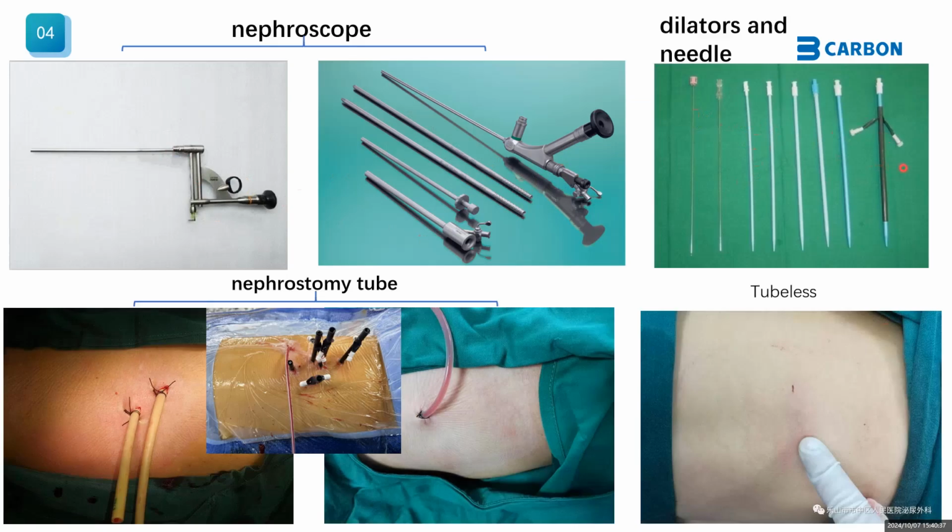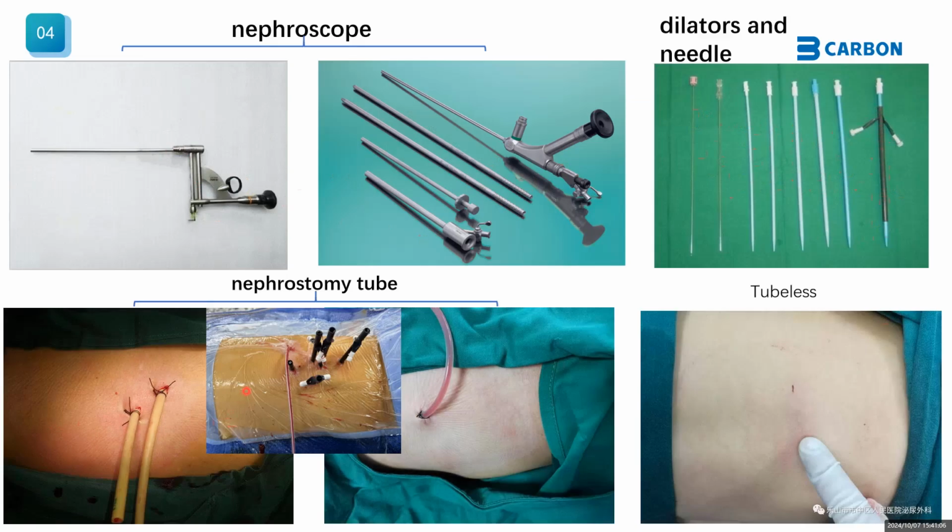Then some doctors use two-step or one-step dilation. Two-step means first choosing the middle one, and then the last one, not using the others. One-step dilator, just use this one. After puncture, just use this one for dilation.